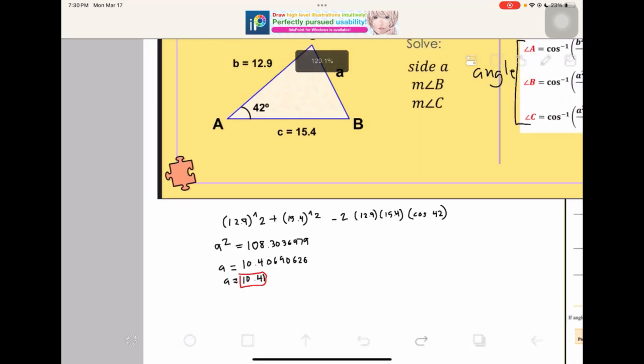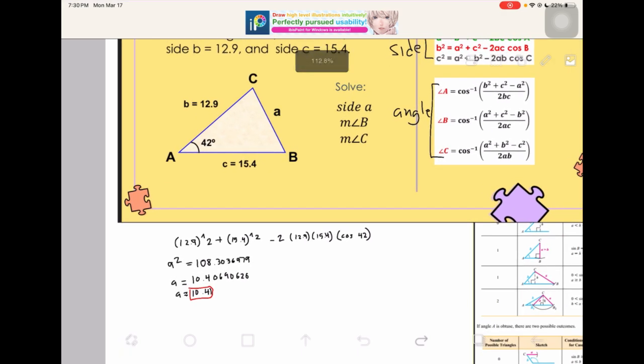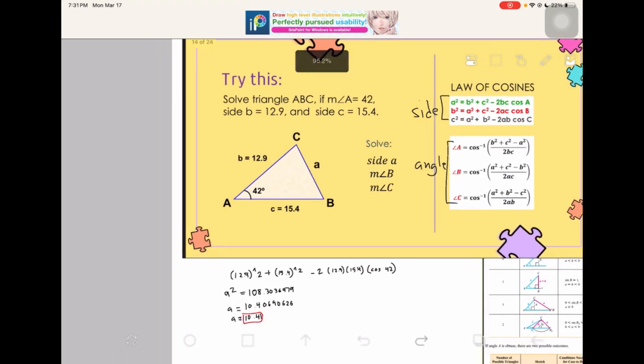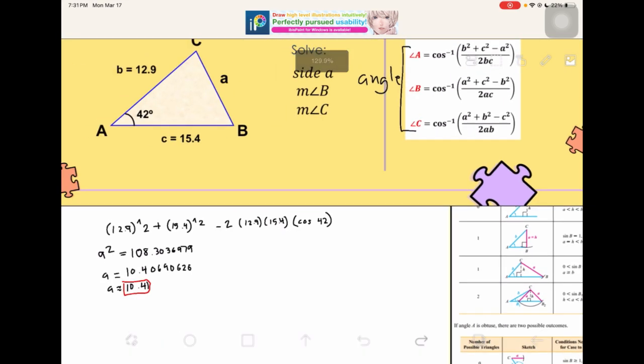Alright, let's try to solve now for the others. This one is pretty tricky. In other calculators, they do not accept this, so we need to go a little bit slower here. So first and foremost, let's try to solve for angle B first. So measure of angle B is this. We now know that A is give or take 10.41.